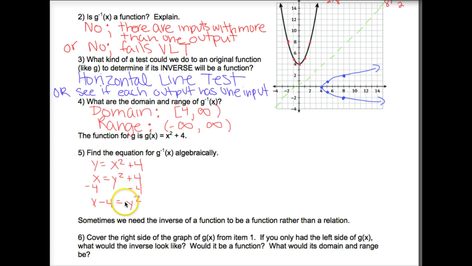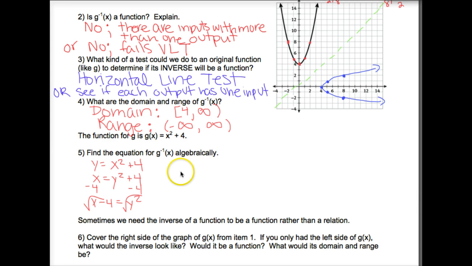And then y is still not alone. I need to take the square root in order to undo the squared. Now, because these are variables here, when I take the square root of both sides, I need to remember to put in a plus or a minus.